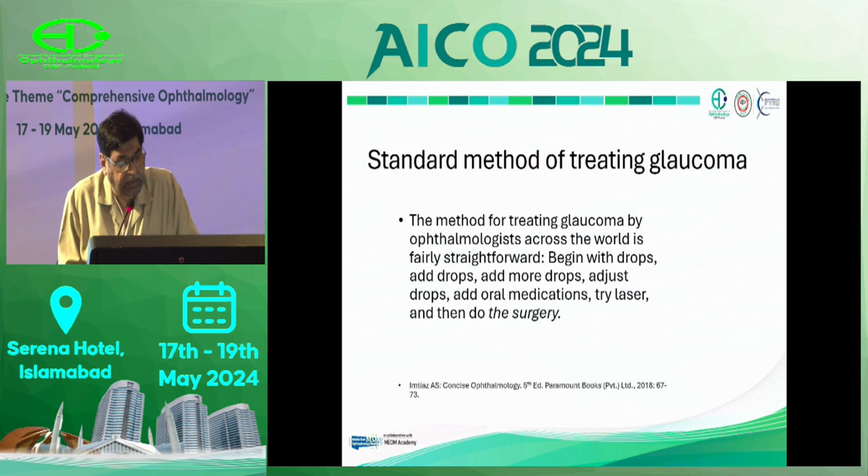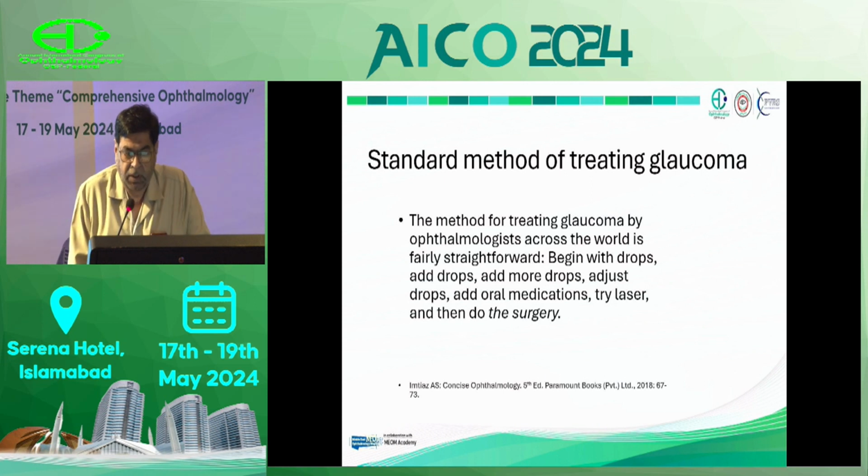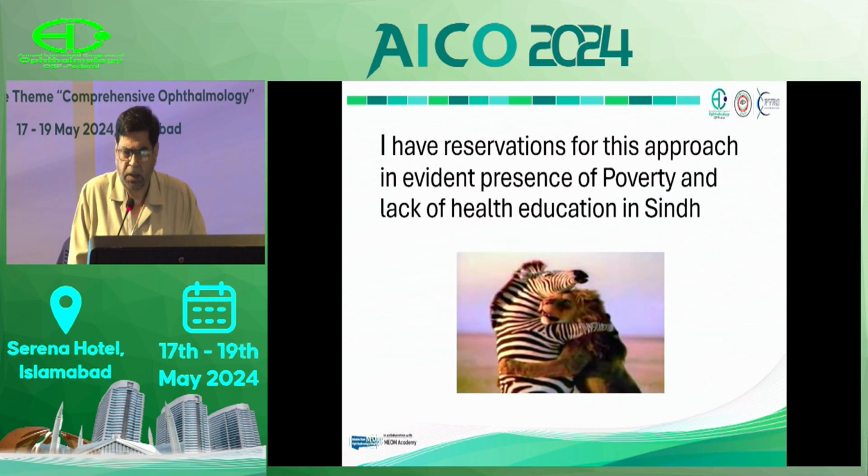The method of treating glaucoma by ophthalmologists across the world is fairly straightforward: begin with drops, add more drops, adjust drops, add oral medication, try laser, and then do the surgery. I have reservations about this approach.